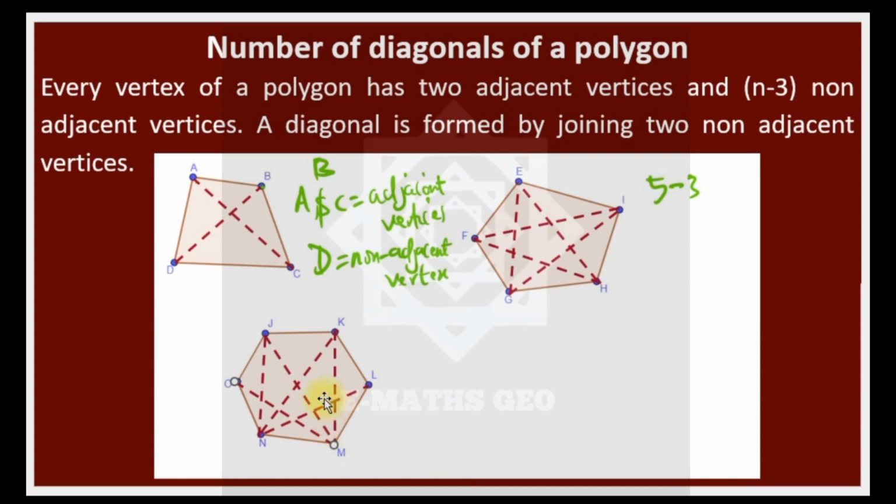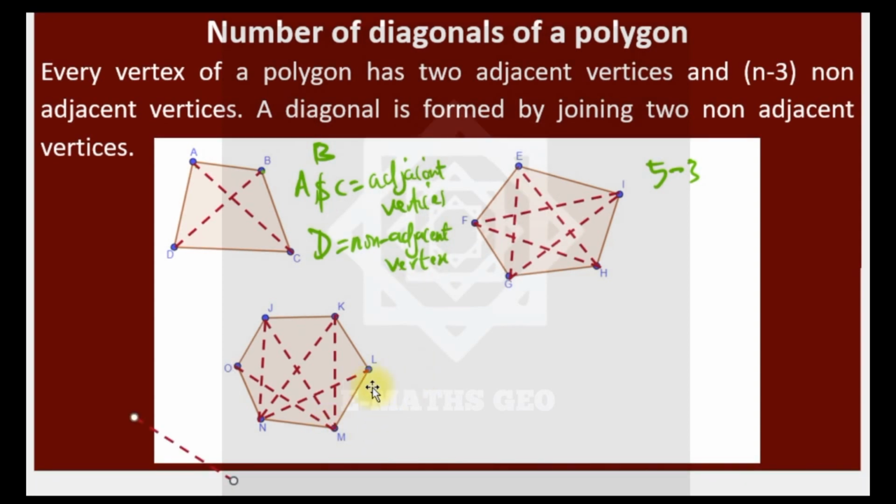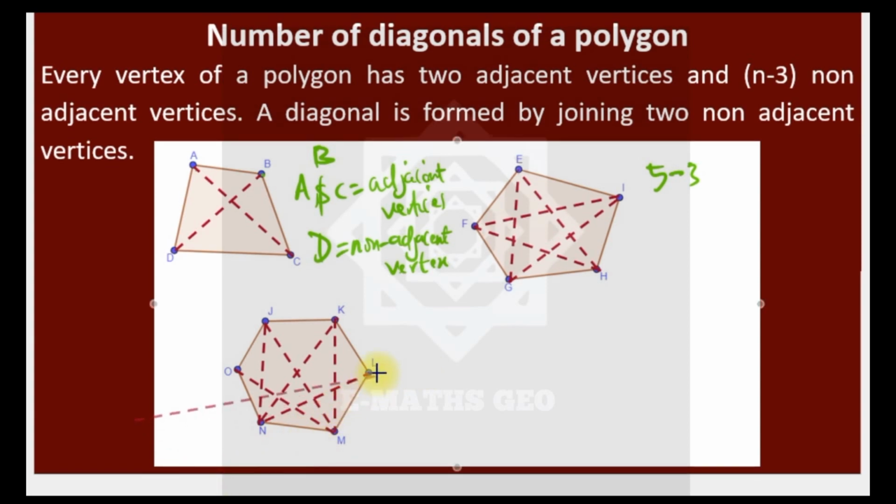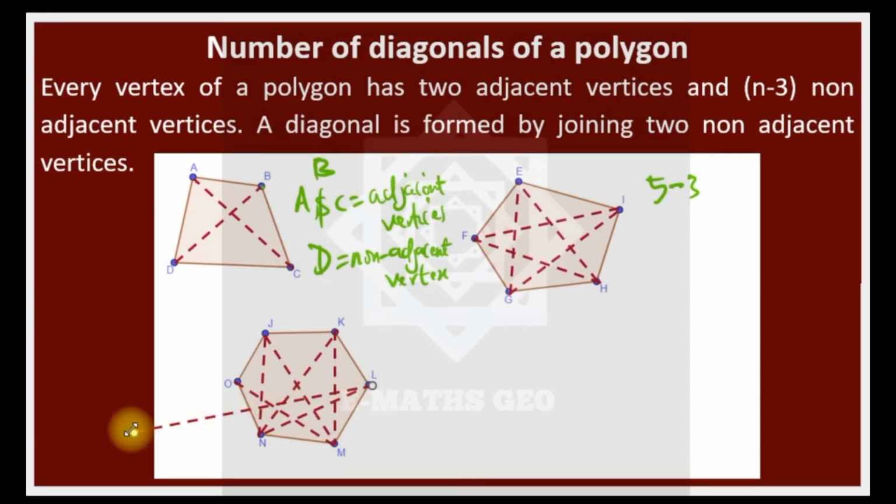So in this case, we have 6 sides. So each of them will have 3 non-adjacent vertices. So we are done with M. So let's move to L. We've joined 1 because we can't repeat. That's 1. This is the second one. And finally, that's the third one.